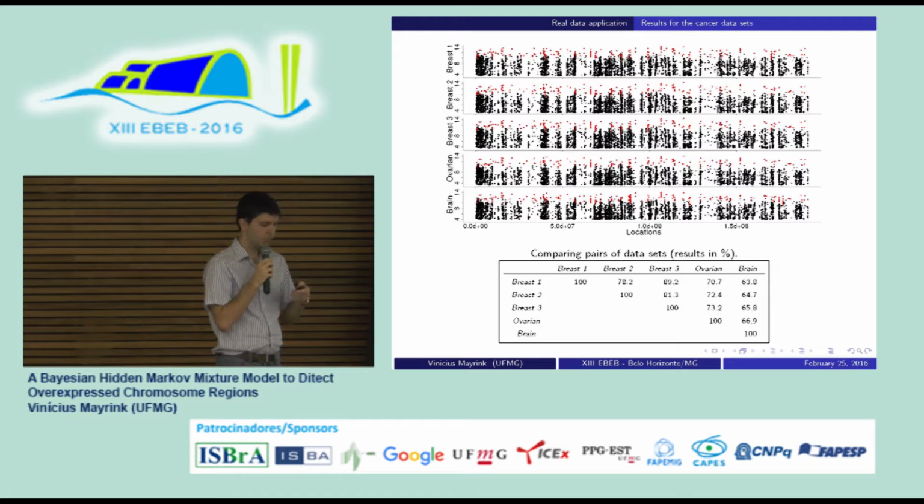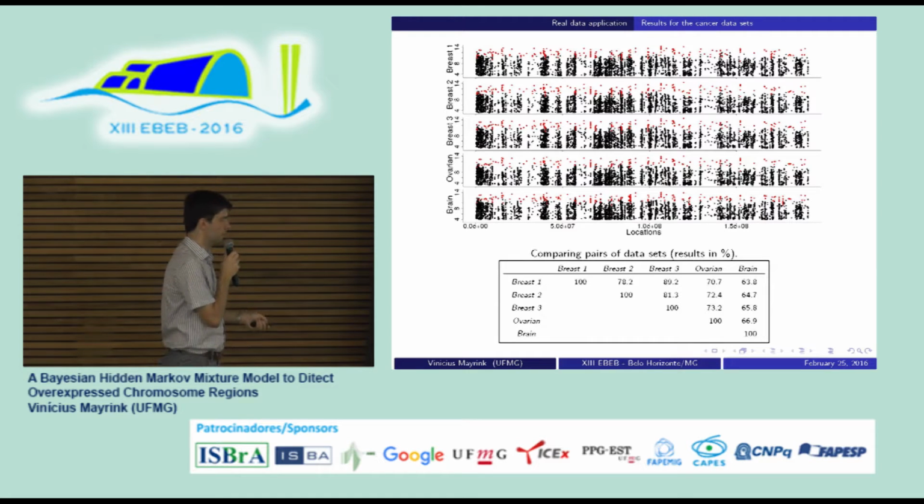When you do this calculation, you see that the analysis comparing breast cancers has the largest similarity, at least 78%. When you compare breast and ovarian cancer, for example, you have around 70%, and breast and brain cancer, around 60%.